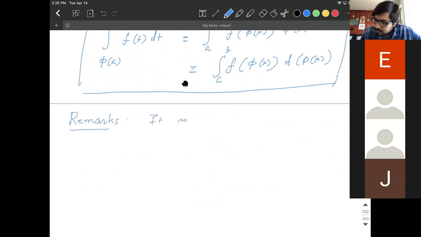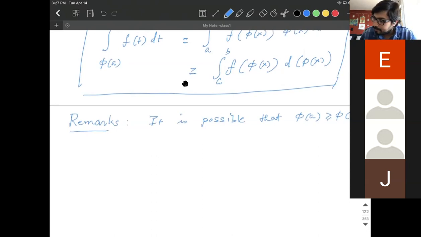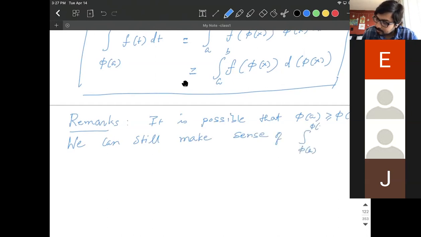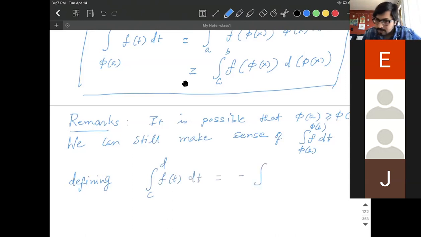It is possible that phi of A can be greater than or equal to phi of B. But still we can make sense of this integral f(t) dt by defining the following: the integral from c to d of f(t) dt is minus the integral from d to c of f(t) dt if c is greater than d.